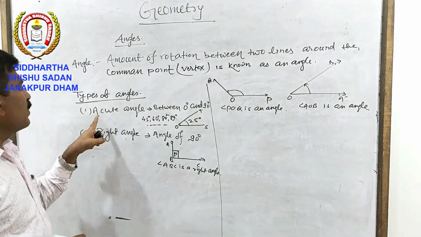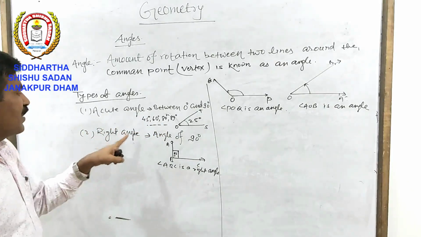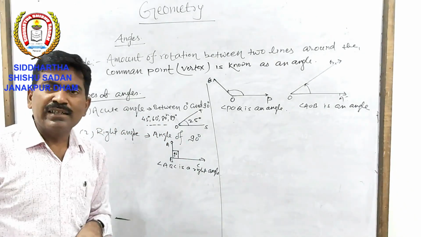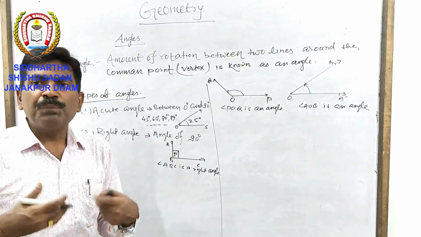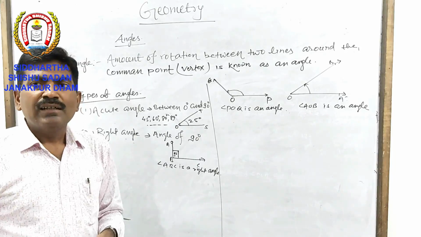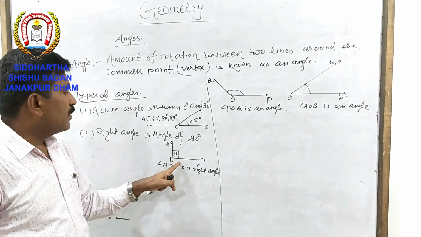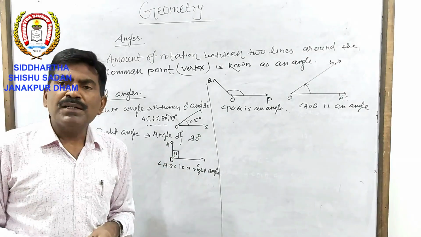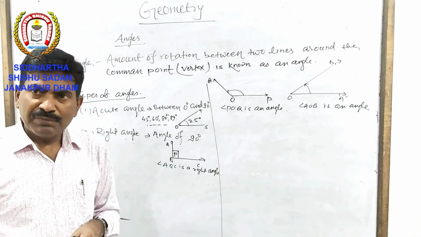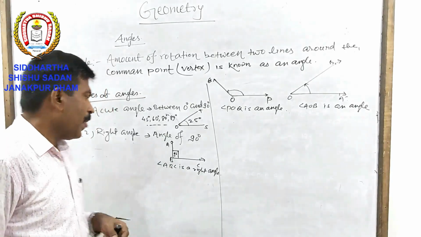These are examples of acute angle. But for the right angle of 90 degree, that means to explain the right angle, the amount of rotation between two lines must be 90 degree. So is it clear? Okay.